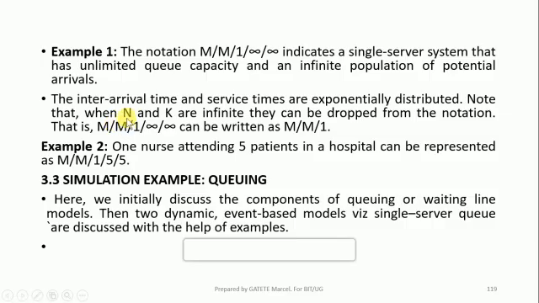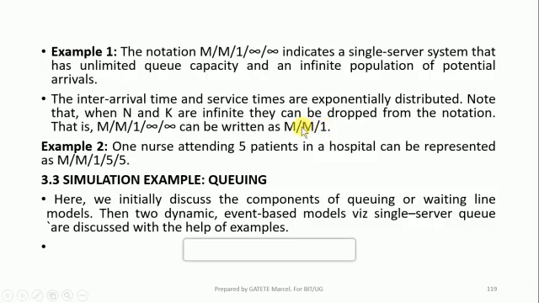So here the inter-arrival time and the service time are exponentially distributed. When N and K are infinite, they can be dropped from the notation. So instead of putting infinity, we can drop it and write M/M/1.